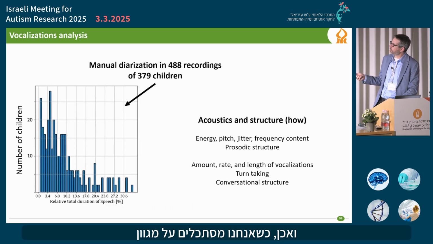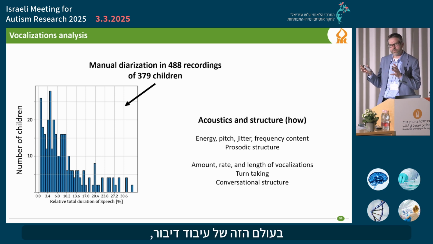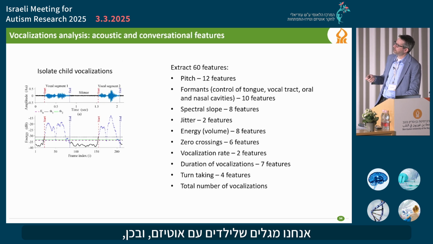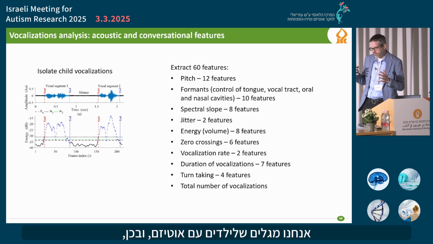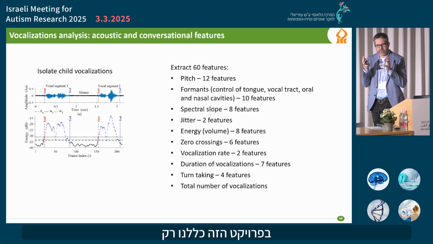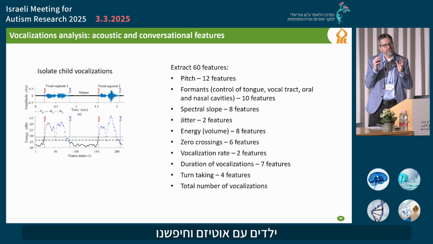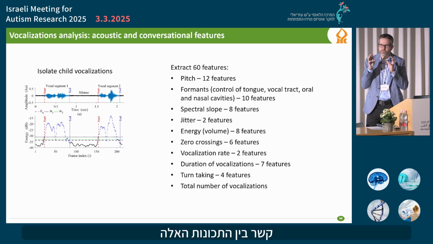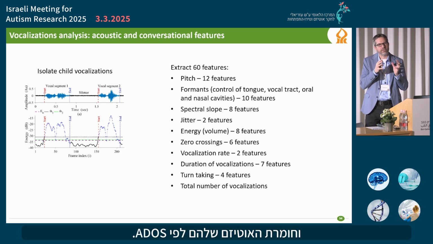And indeed, when we look at a variety of features that are common in this world of speech processing, we find that kids with autism, well, in this project, we only included kids with autism, and we looked for a relationship between these features and their autism severity according to the ADOS.